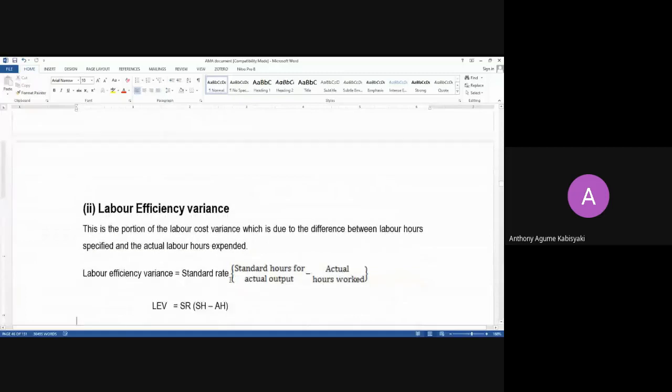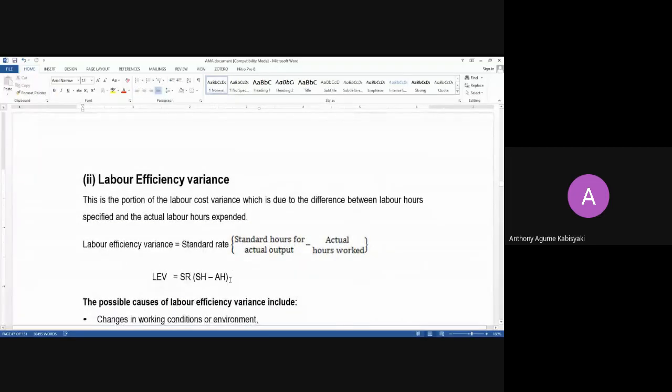Now, labor efficiency. The labor efficiency variance is that portion of labor cost which is due to the difference between the labor hours specified and the actual labor hours expended. When you're looking at efficiency, you're looking at the time taken.